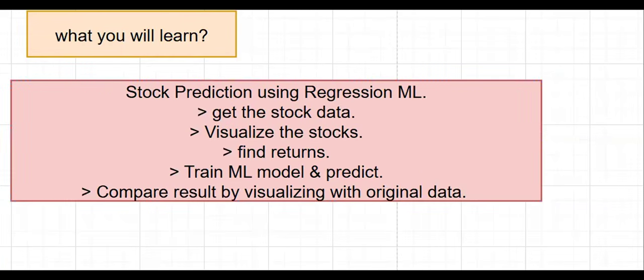So that is all about this video. In this video, you covered how to get up-to-today's stock data, visualize that stock data, find the returns, train a model, and predict the closing value or adjusted closing value based on the current data set only.